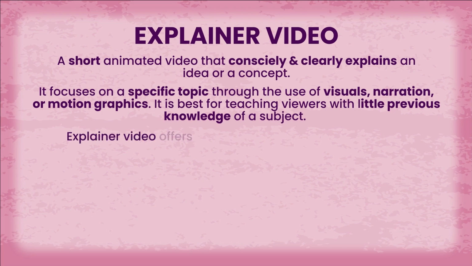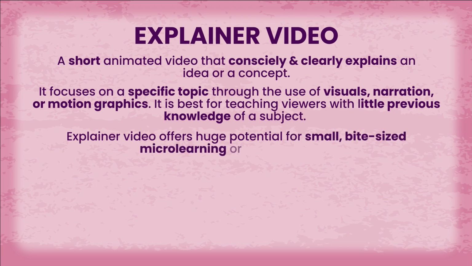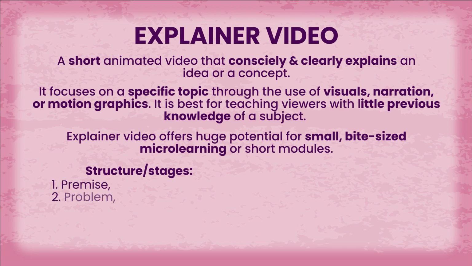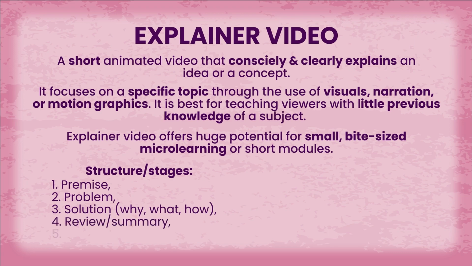Explainer video offers huge potential for small, bite-sized micro-learning or short modules. This is the common structure or stages of explainer video. Premise, problem, solution that include why, what, and how, review or summary, and lastly, call to action.